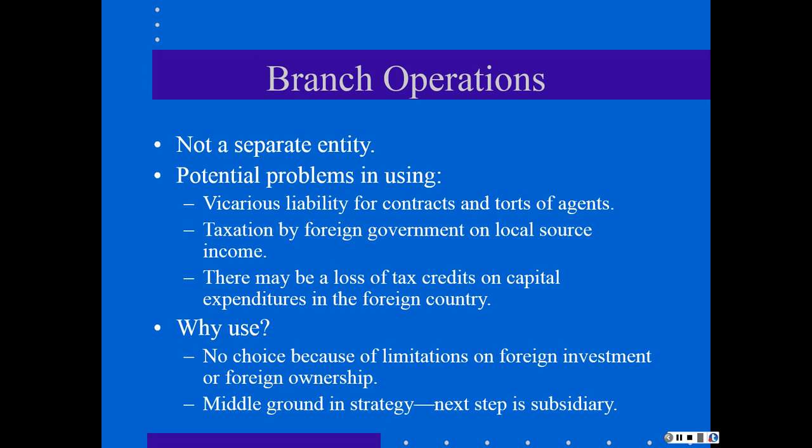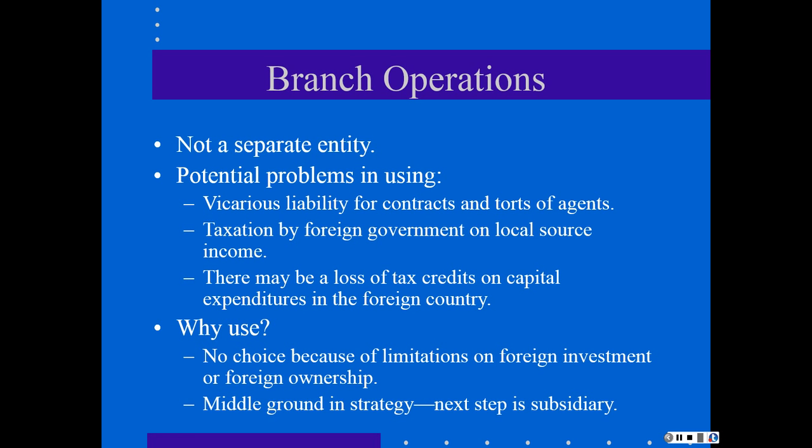Well, facing these potential problems in using branch operations, why would we use them? Well, first, we may not have any choice because of limitations on foreign investment or foreign ownership.